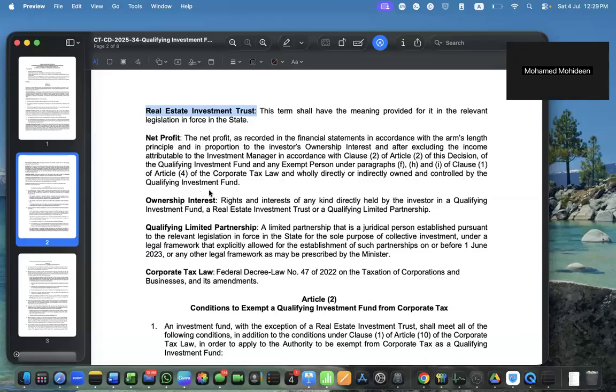So basically, in simpler words, after due deductions and expenses, whatever profit comes in, complying with the arm's length principle, the percentage of ownership interest a taxable person has will be the net profit.